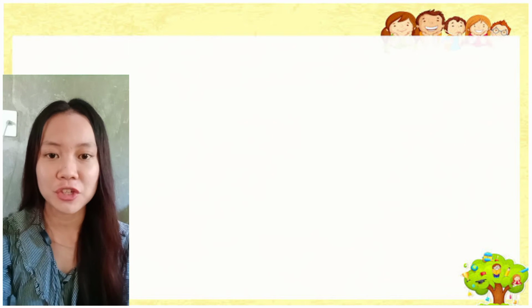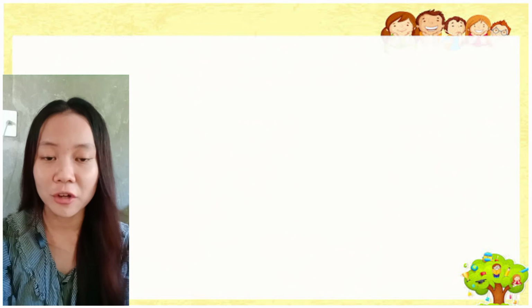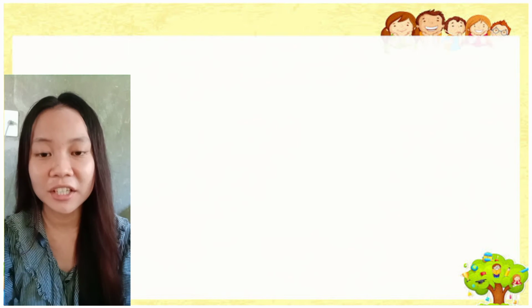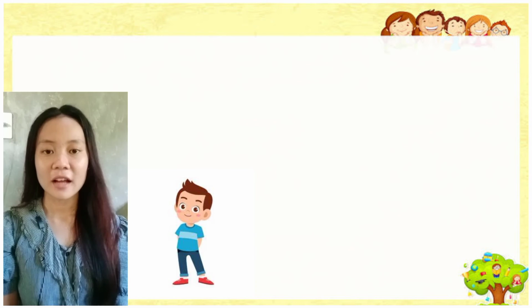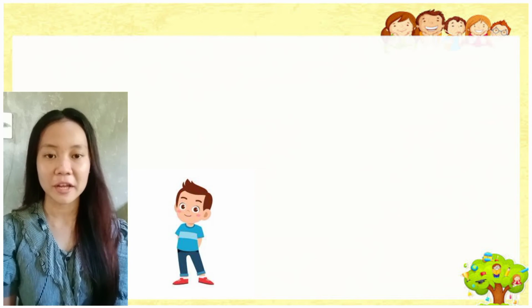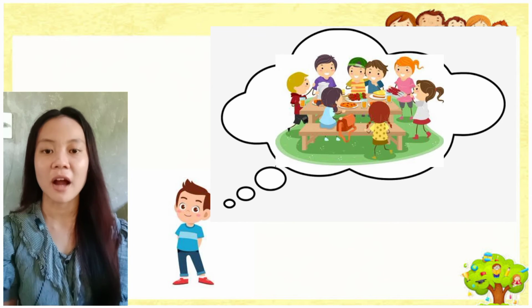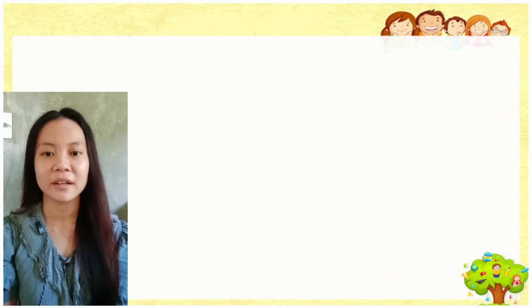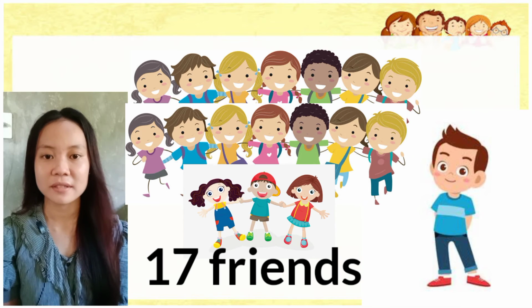Kids, I have a question. Did you follow the flow of our Agonsa method? Here is the last example for you. Alvin wants to have a picnic with his friends at their house on Tuesday. So he invited 17 of his friends.